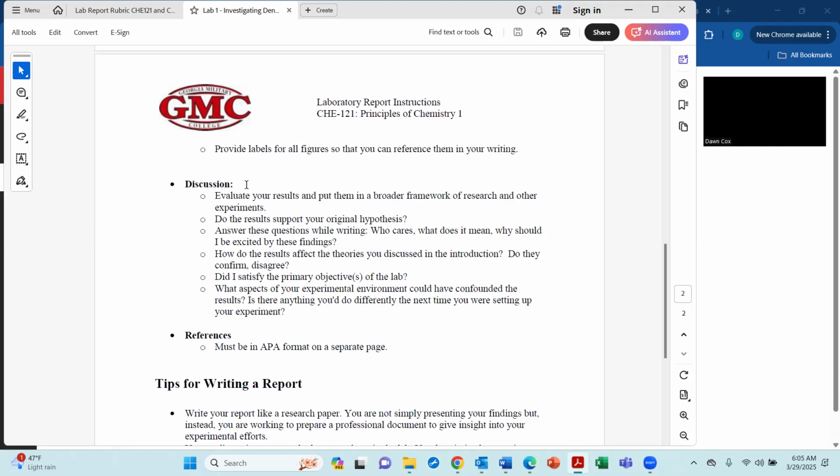The discussion section should be a standalone section that basically, if a reader could read this and know what you did in the lab, were you successful, what were your results, what were the answers to questions, that kind of thing. So first of all, summarize the lab and write down any important values. Okay.